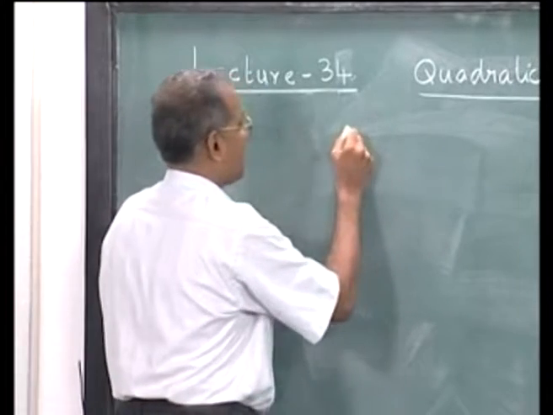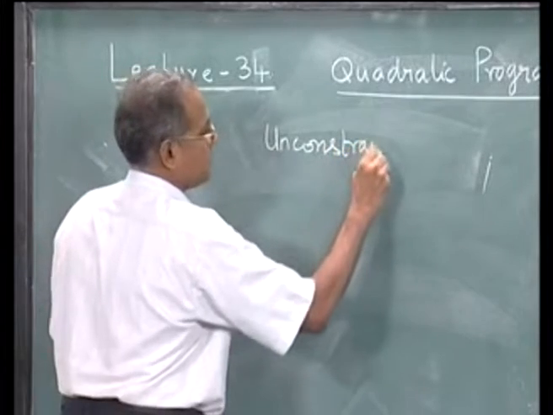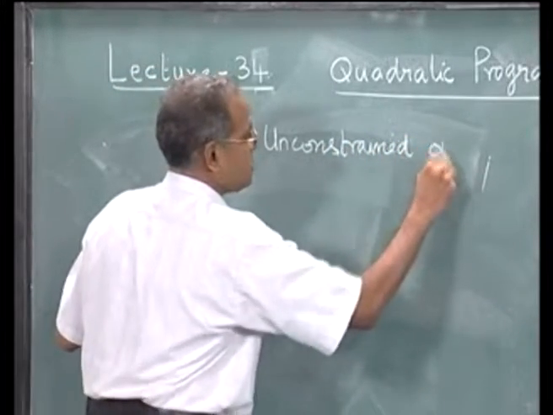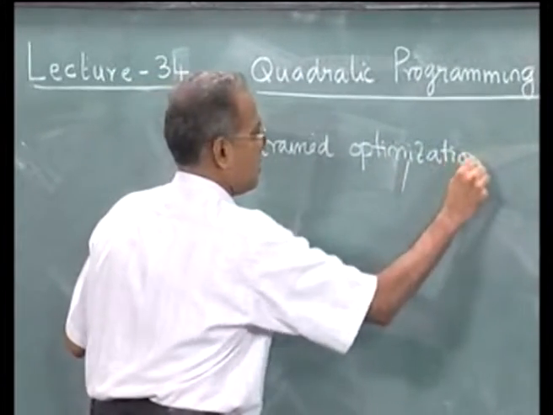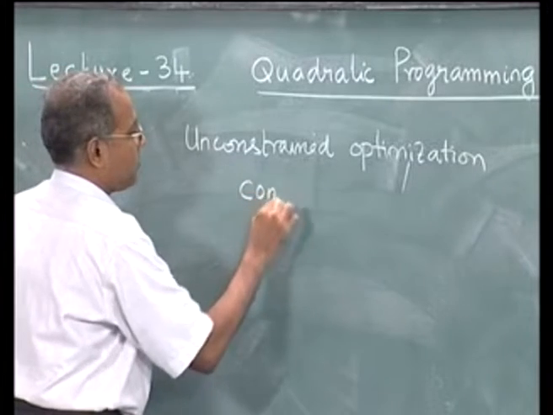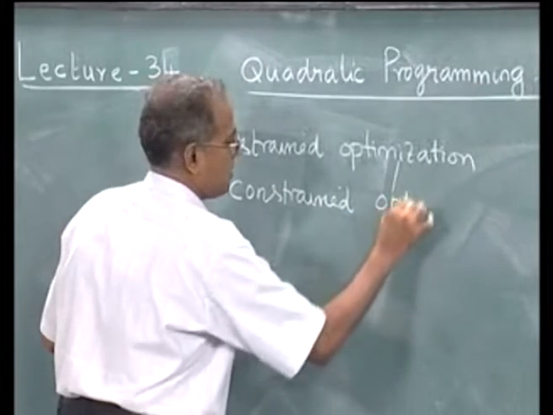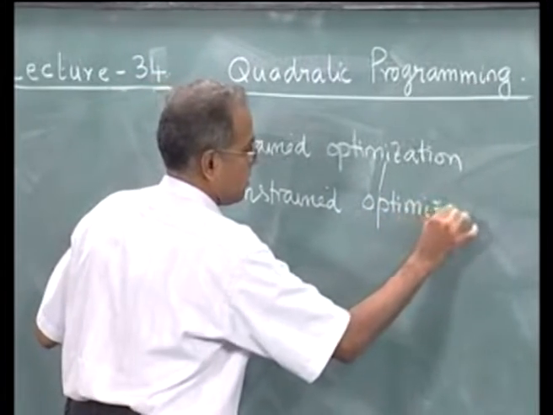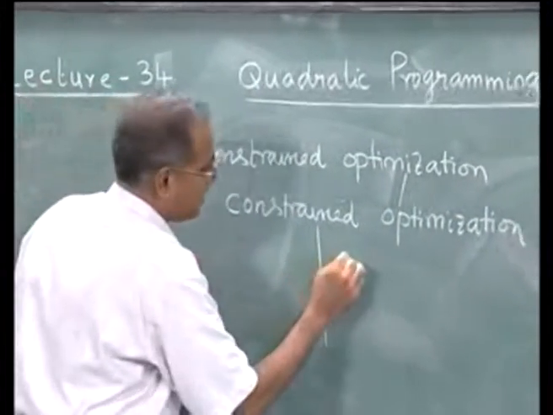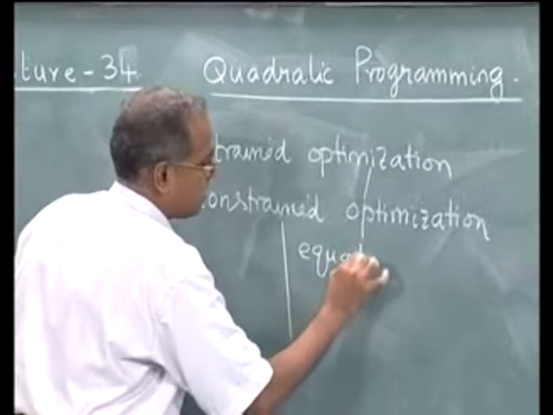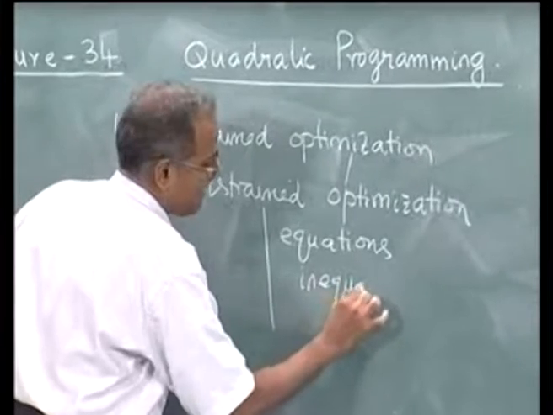We have unconstrained optimization problems, and then we have constrained optimization problems, and these constraints can be equations and or inequalities.